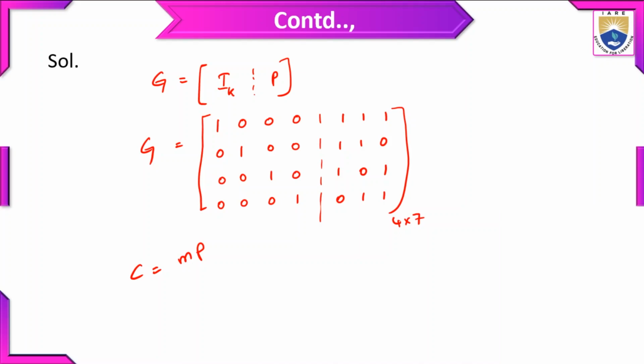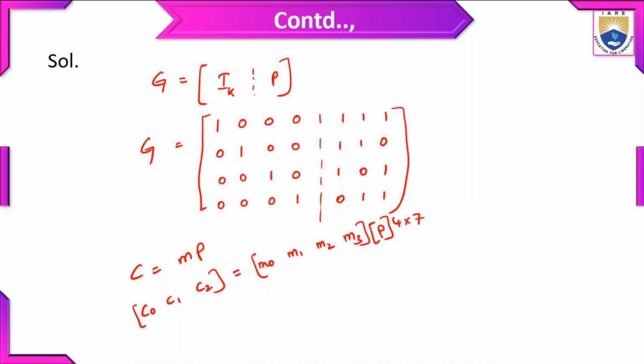So here you are getting 4 message bits and 3 parity bits. So here also C0, C1, C2 is equal to the message M0, M1, M2, M3 multiplied with the coefficient matrix P.